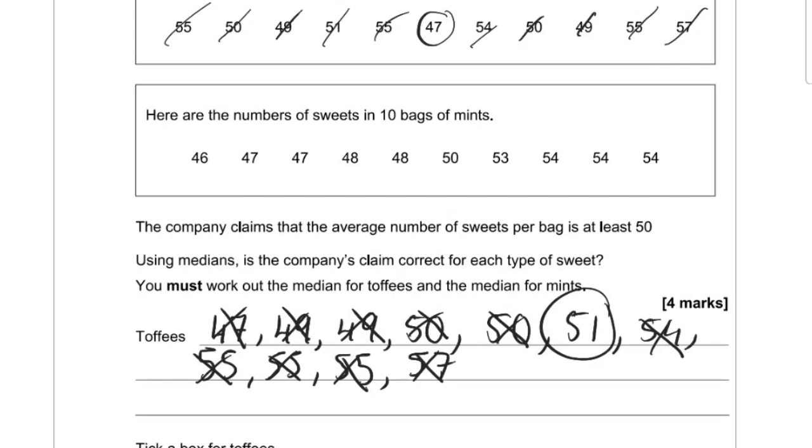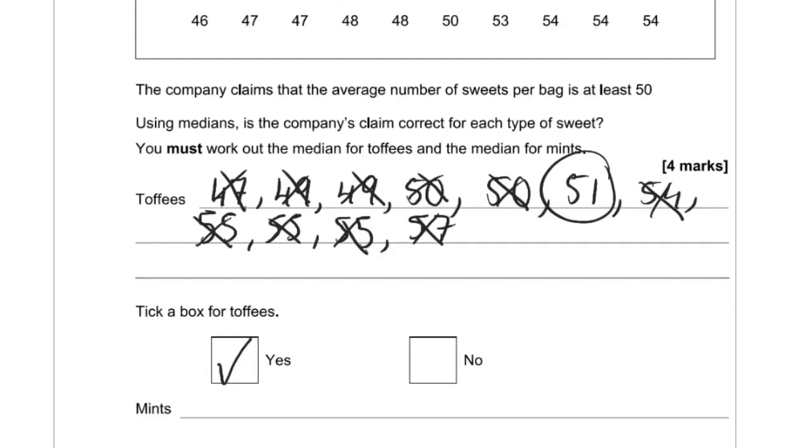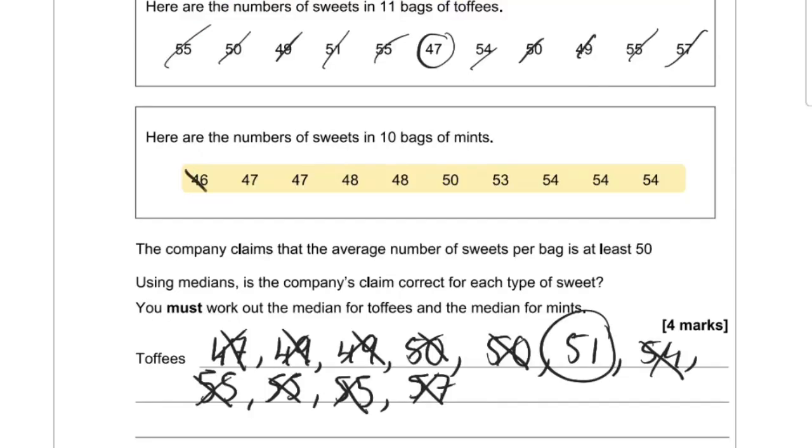For the mints, let's do the same thing. So the lowest value is 46, let's start with that. Oh, actually, you might notice that this one's already in order, so I won't write it down. Let's just get straight to crossing. We'll do the crossing up here on this bit. So we have 46 on this side, 54. We'll keep going till we get to the middle.